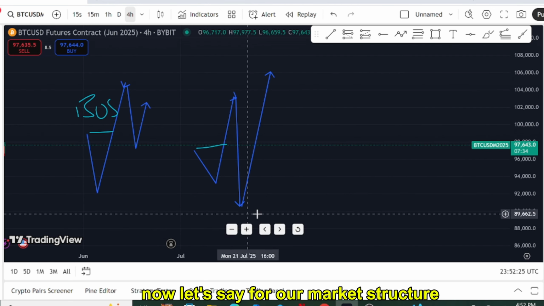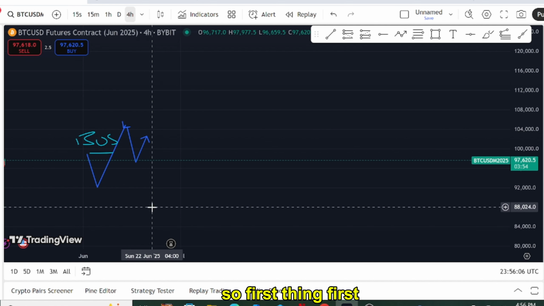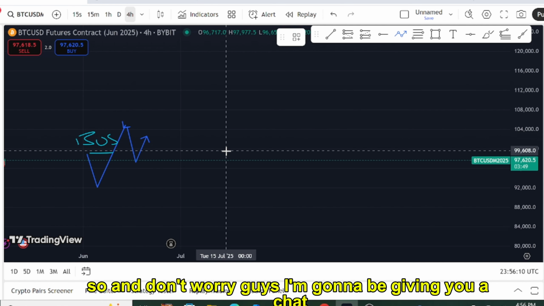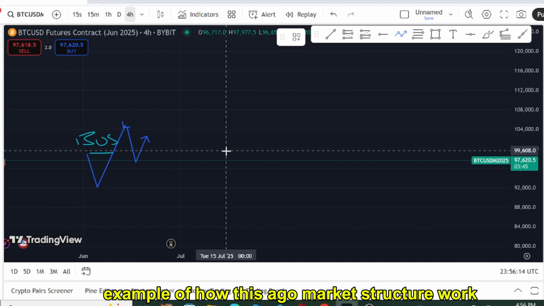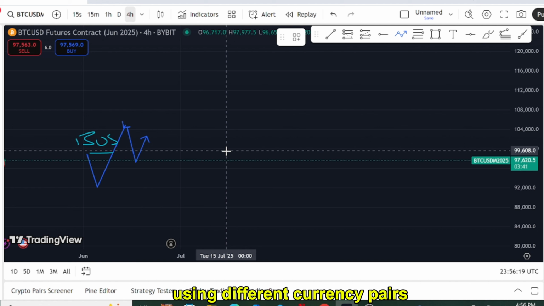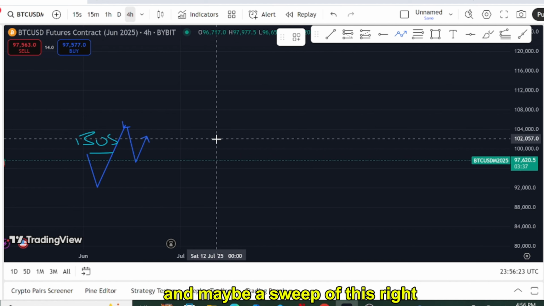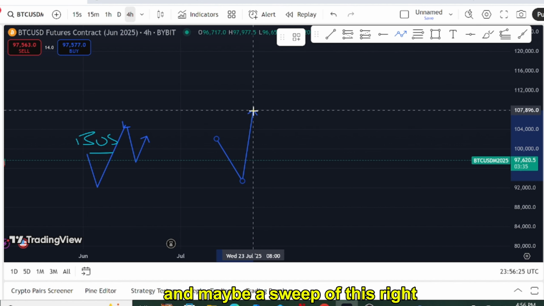Now let's say for algo market structure, the first thing we want to look out for is a sweep. And don't worry guys, I'm going to give you chart examples of how this algo market structure works using different currency pairs as we proceed in this video. Now let's say we have something like this and a sweep of this.